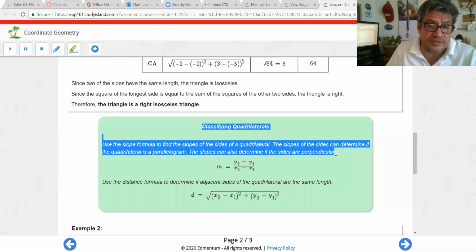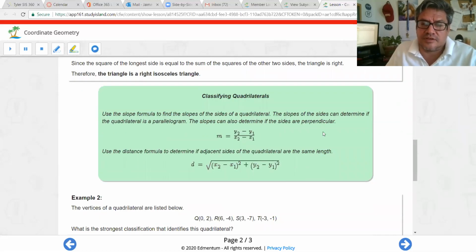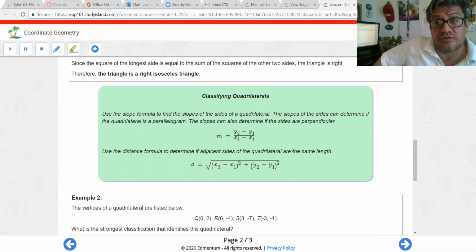The slopes of the sides can determine if the quadrilateral is a parallelogram. The slopes can determine if the sides are perpendicular. If you remember how you can tell if two sides are perpendicular, the slope of one has to be the negative reciprocal of the other slope. That's how you know it's perpendicular.